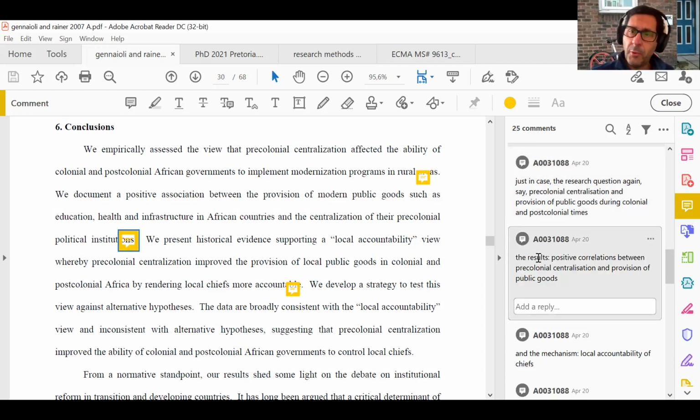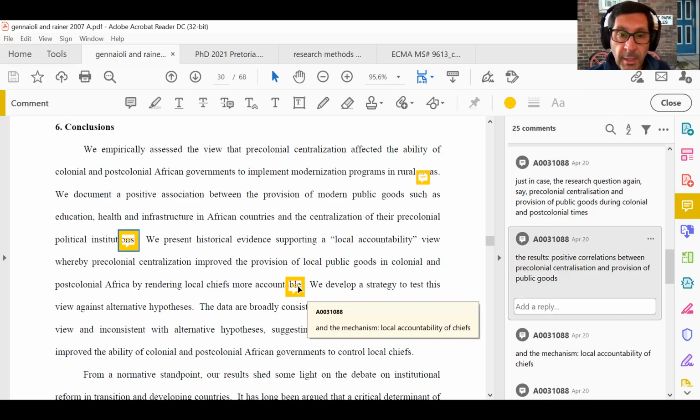The results: positive correlations between pre-colonial centralization and provision of public goods now. Okay, so positive correlations between the existence of pre-colonial institutions before European colonialism and provision of public goods between 1960 and 2000. Okay. And why is this important?